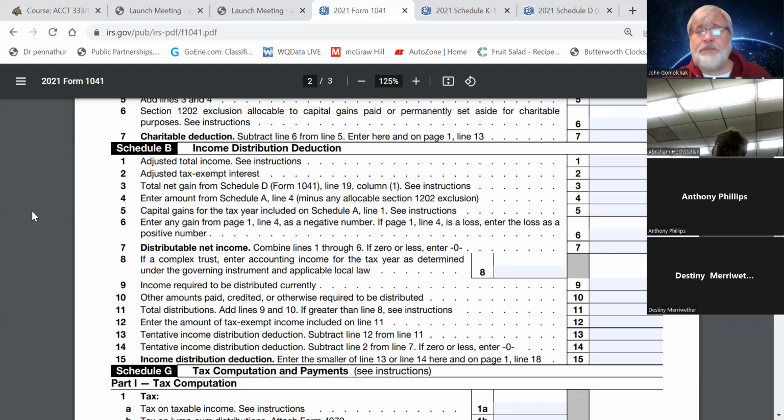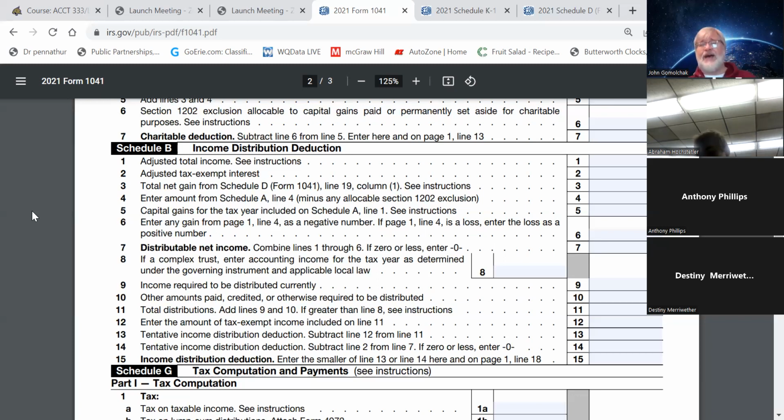Okay. Schedule B, line 1 would be $7,000. But then when we get to line 6, it says if line 4 is a loss, enter it here as a positive number. So we would add back in that capital loss to bring us back to the $10,000, which is the income under the income and principal rules.